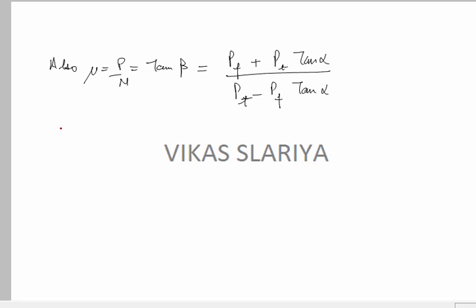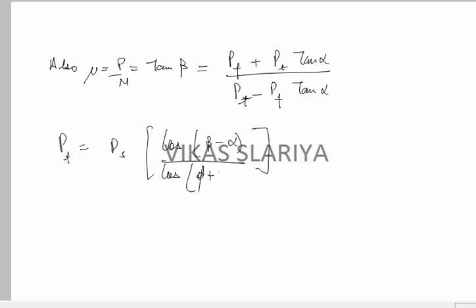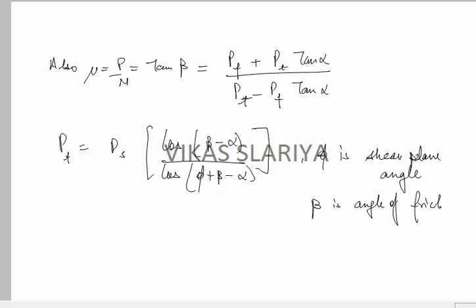So making all necessary substitutions, we get PT is equal to PS into cos of beta minus alpha upon cos of phi plus beta minus alpha, where phi is shear plane angle and beta is angle of friction.